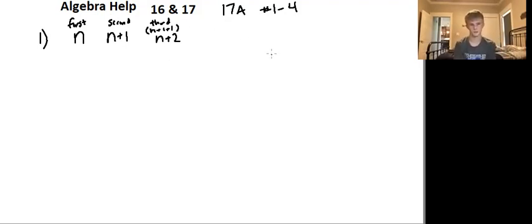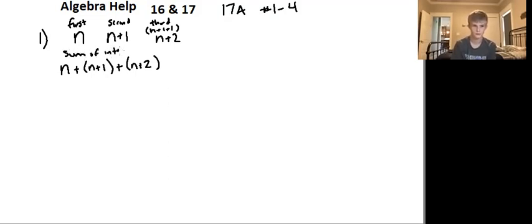Okay. So now when I read through the problem, the sum of the integers. So I'm going to add all 3 of these together first. So the first one plus the second one plus the third one. So I think some of the hard part on this is getting the words to equations. And I just always do it left to right when I'm reading the sentence and then left to right writing the equation.